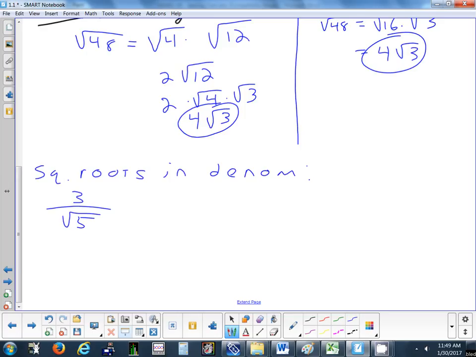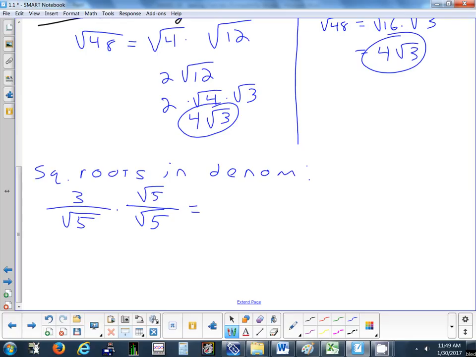And from algebra, does anybody know how you fix that? You can leave it in the top, just not in the bottom. Josh? You multiply both the numerator and the denominator by square root of 5. Exactly. You multiply the top and the bottom by what's in the bottom.